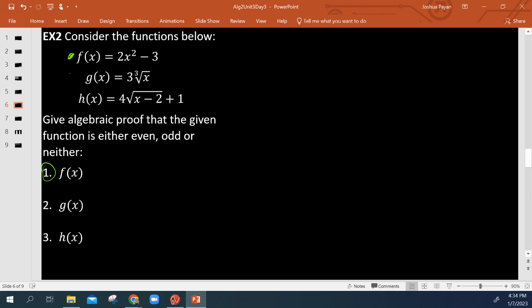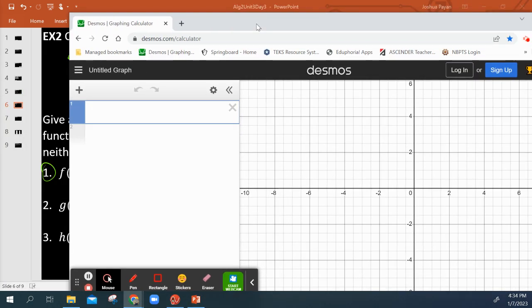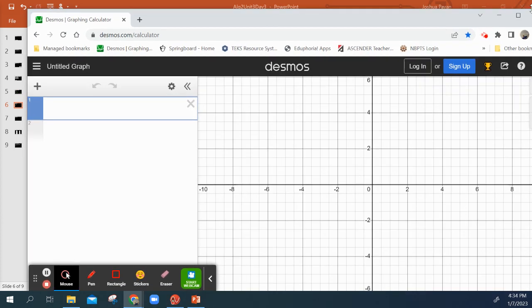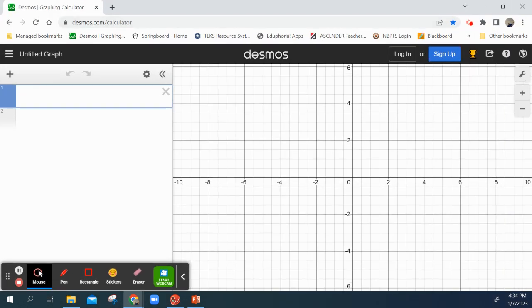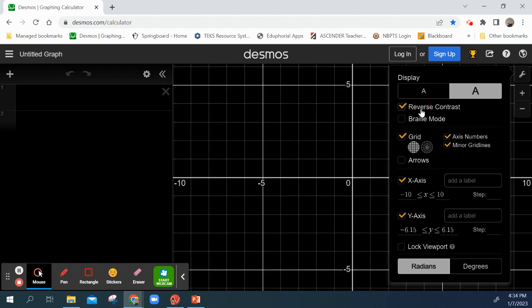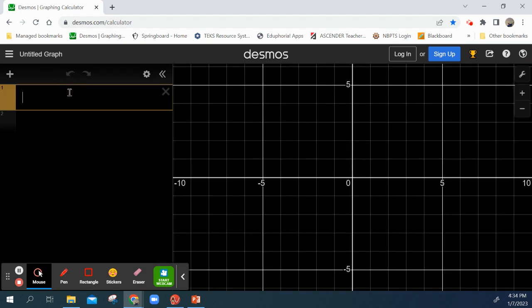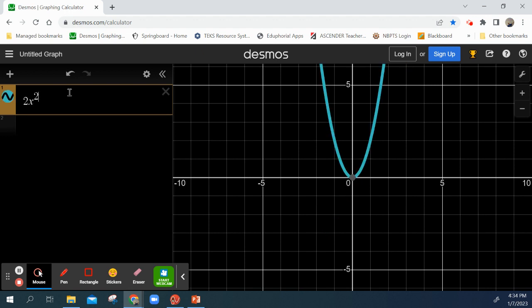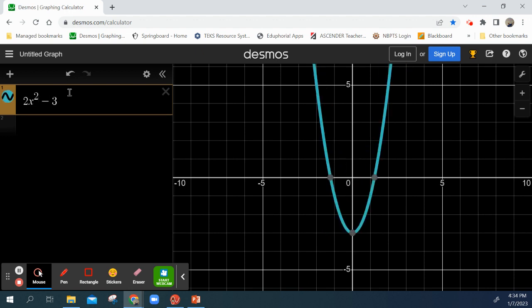And let me bring my Desmos graph over here, see if I can get it to fit in the screen. Okay, so if I go ahead and type this in, let me change my contrast because I hate the bright screen. It just drives me a little bit crazy. So we have 2x squared all minus 3, right?